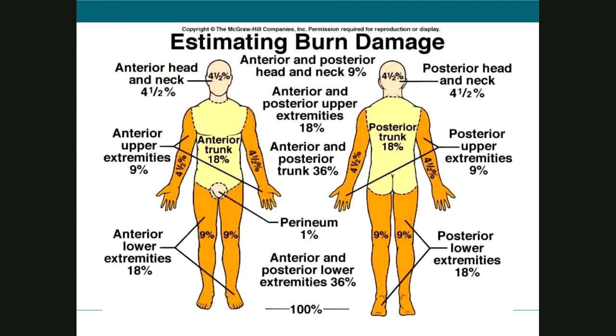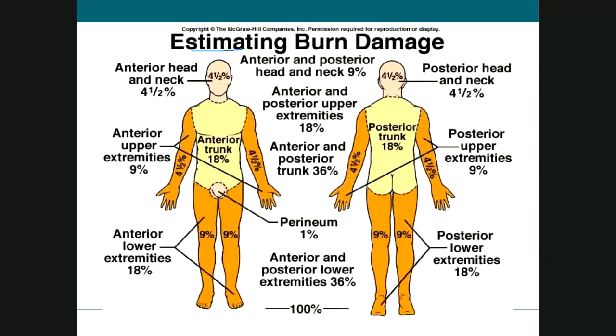This is estimating the burn damage. The trunk is anterior 18, posterior 18, whole trunk 36. The extremities are 9 and 9. Anterior lower limb is 9 and the posterior is 9. So this is how we determine the extent of the burns.